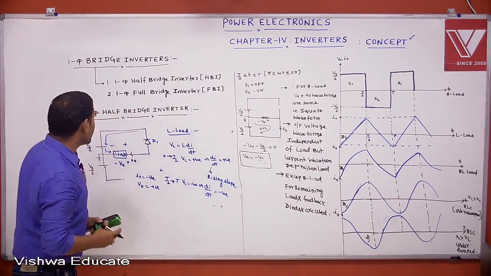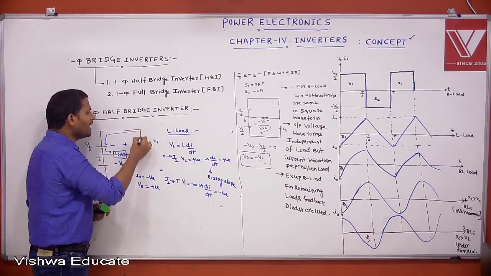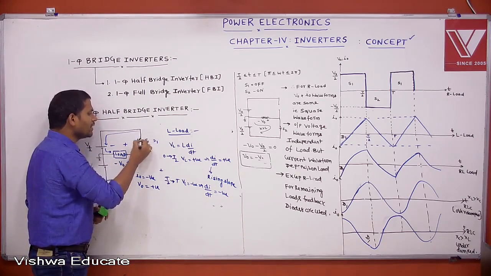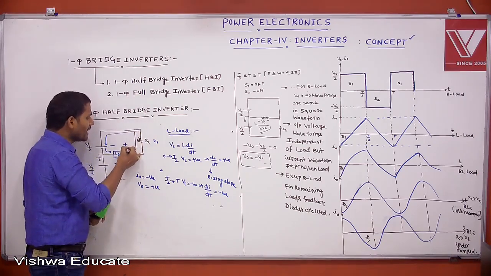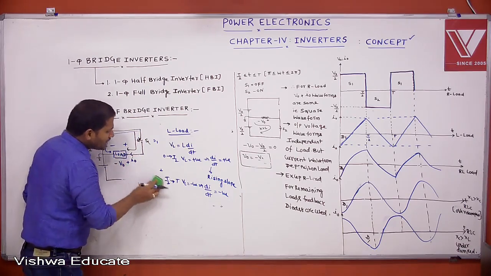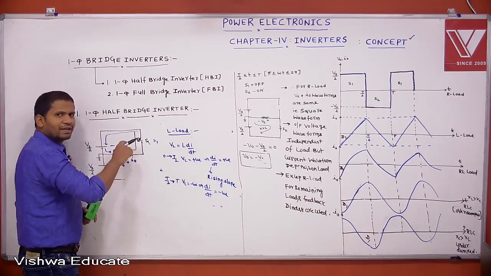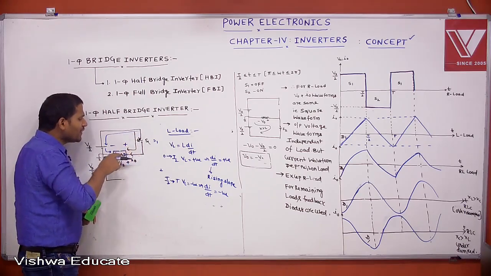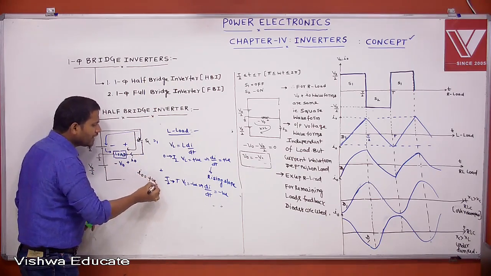For example, let us assume that S1 is conducting and all the remaining devices are off. This is a representation of S1. If S1 is represented in the downward direction, it conducts like this. Whenever S1 is conducting, the current supplied by S1 is the same as the I0 assumed direction, that's why I0 is positive.